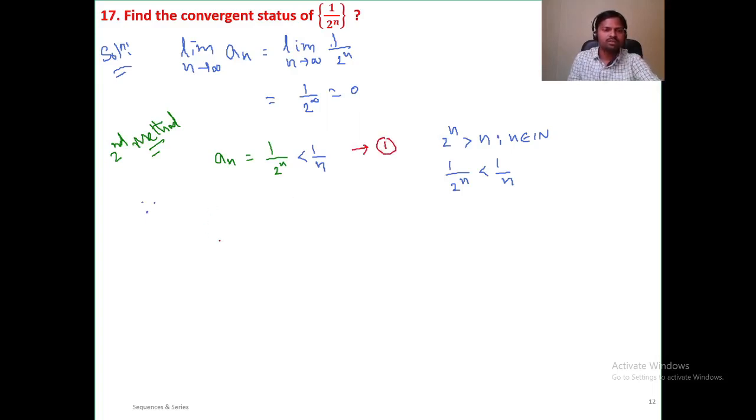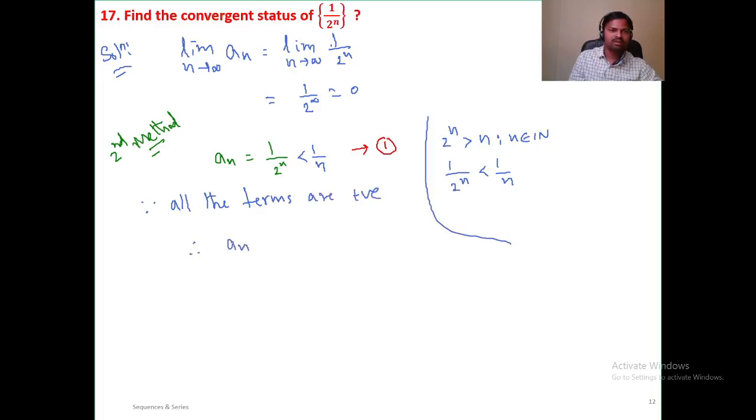Since all the terms are positive, I can say that an, which is 1 upon 2 raised to n, is always more than 0.